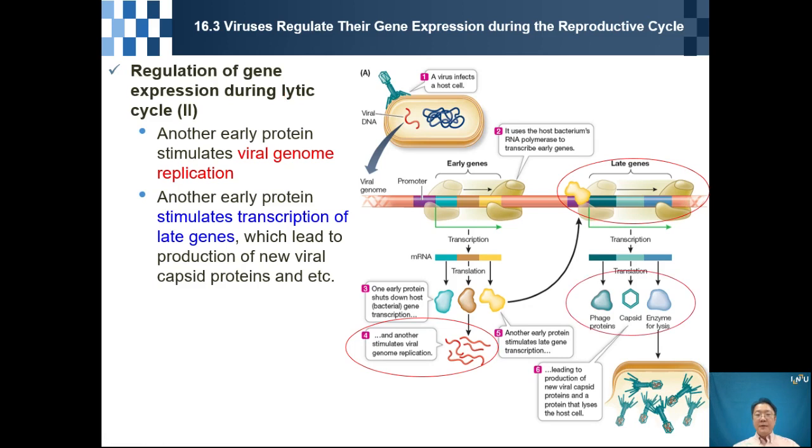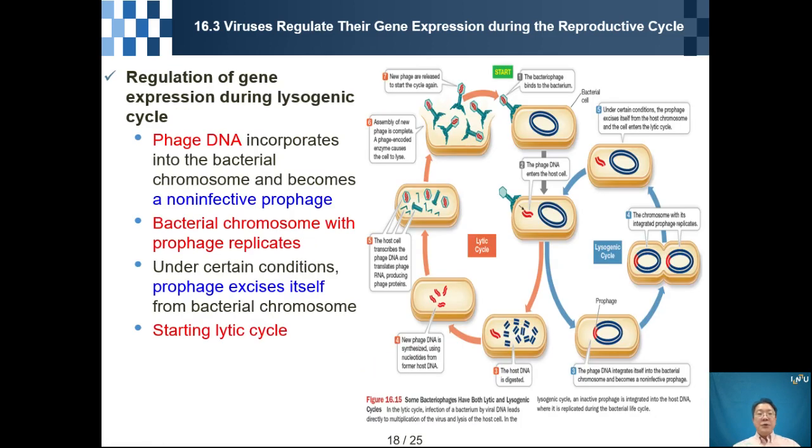Let me go to how viruses regulate gene expression during the lysogenic cycle. So what is a lysogenic cycle? Sometimes a bacteriophage infects the host bacterium, so they inject their phage DNA.